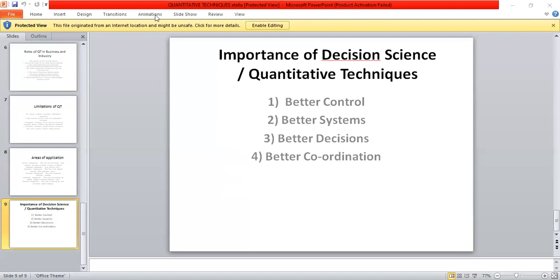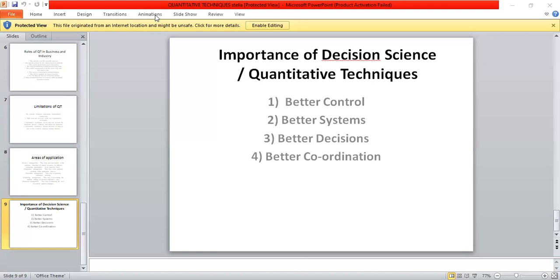Yeah, thank you. What have we learned today? Daisy, what have we learned today about quantitative techniques? We have learned different types of quantitative techniques.